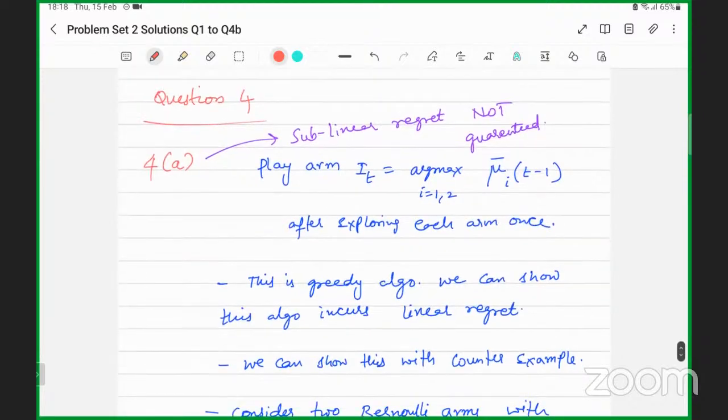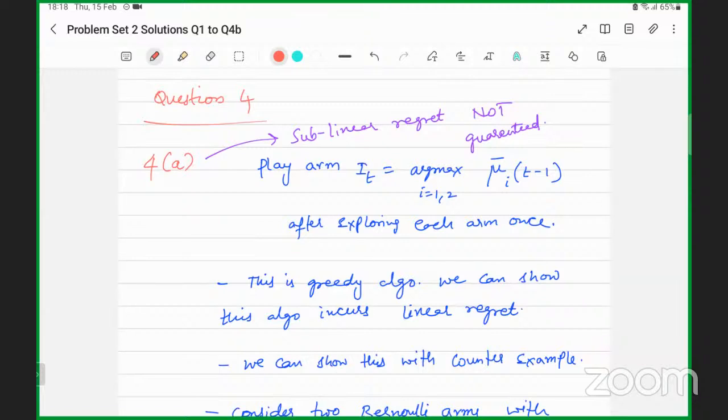So 4A is okay, or should I explain this? 4A is fine for everyone.